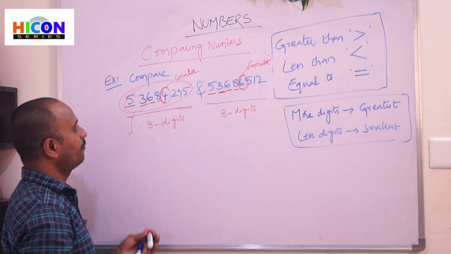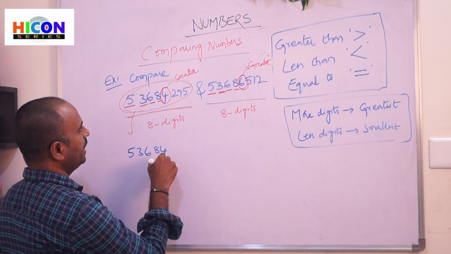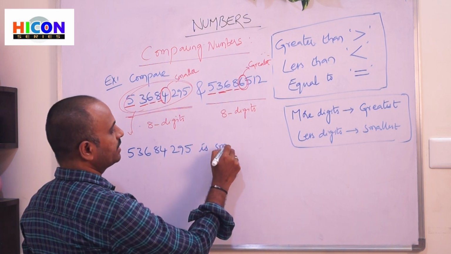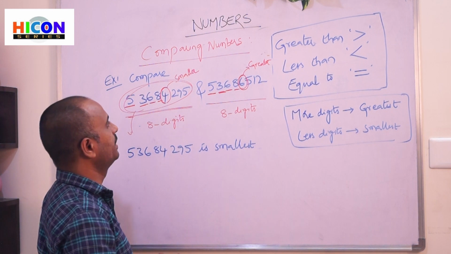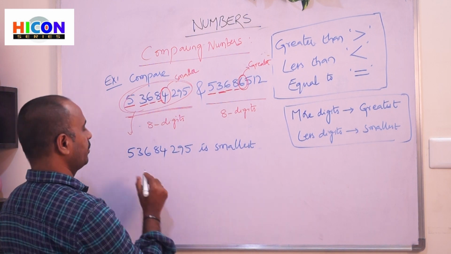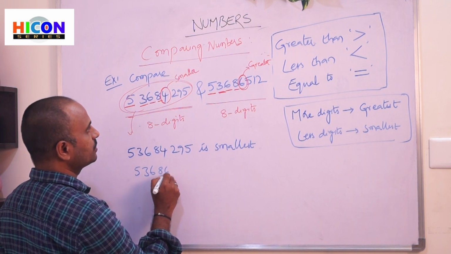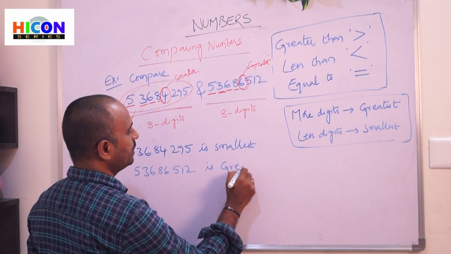That means 5 crore 36 lakhs 84,295 is the smallest number. And the second number, that is 5 crore 36 lakh 86,512, is the greatest number.